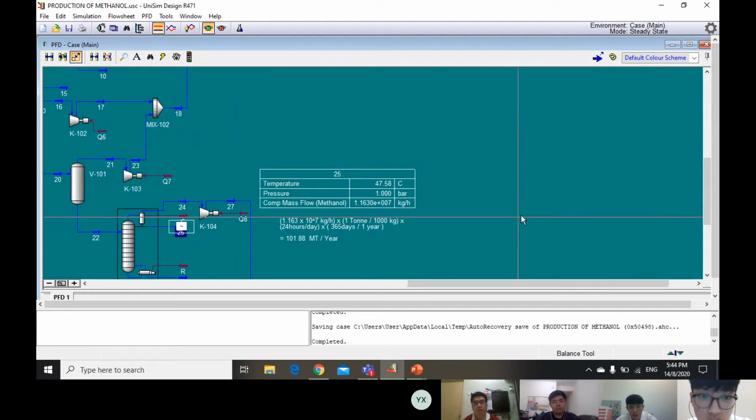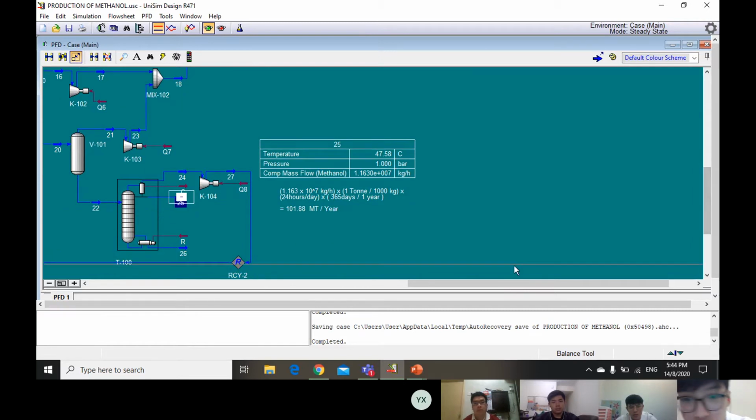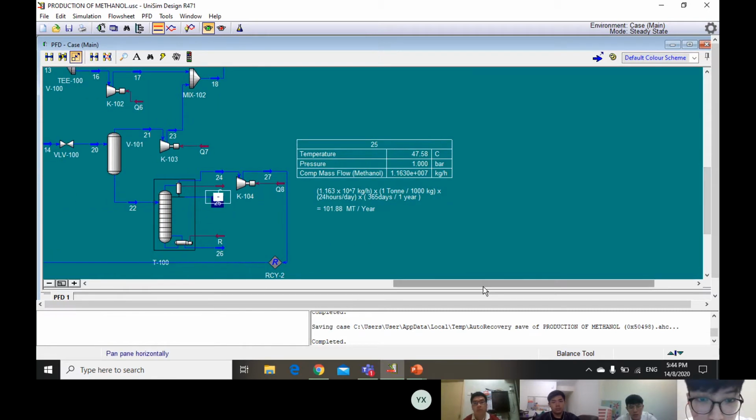By doing the unit conversion, we can get the mass flow rate for the methanol in this stream as 101.88 megatons per year, which achieves the objective of the production.